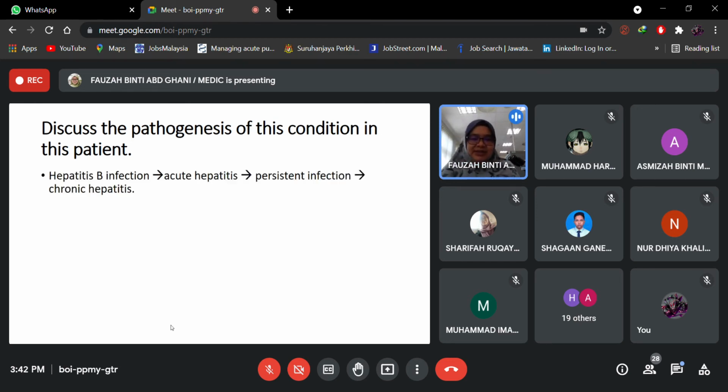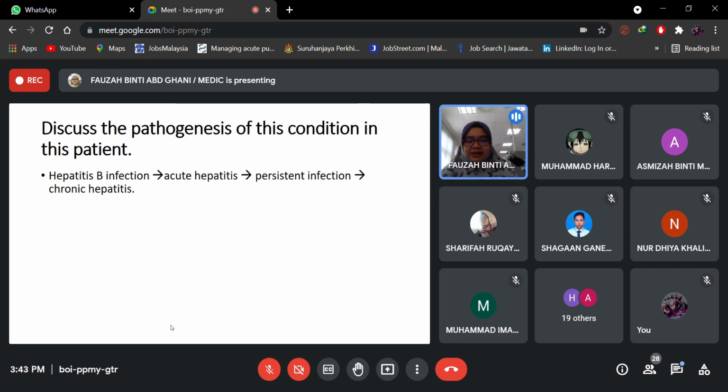Okay, so basically in principle, in this case the injury is the infection, the hepatitis B infection. This injury will incite the acute inflammatory process, leading initially to acute hepatitis. But not all acute hepatitis will resolve; it can also persist and become chronic.